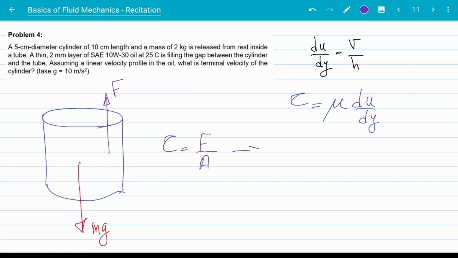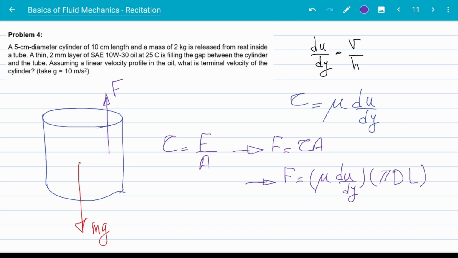So I can say F is tau times area, or F is going to be mu du over dy times the surface area of the cylinder, which is pi d, the diameter of the cylinder, times L, the height of the cylinder.